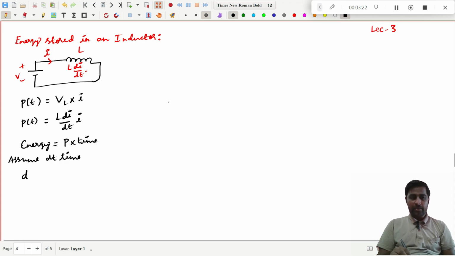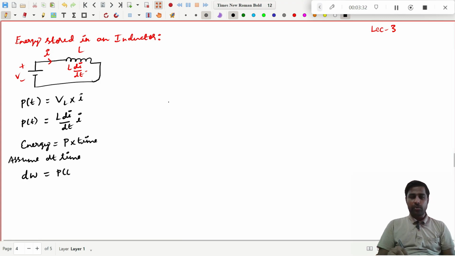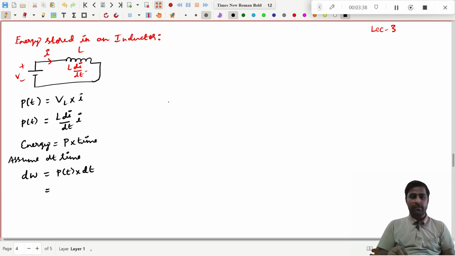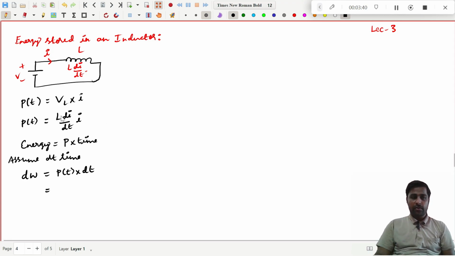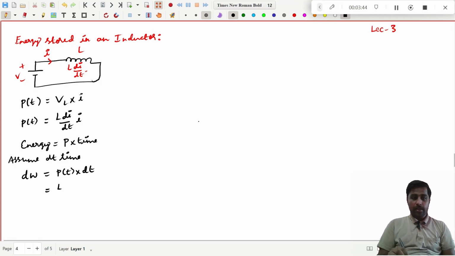Energy, that is dw, where w is energy, and I am assuming it for the small time, so I am writing dw will be equal to p of t into dt, right? What is p of t we have found? That is nothing but L into di by dt. So L into di by dt into dt.